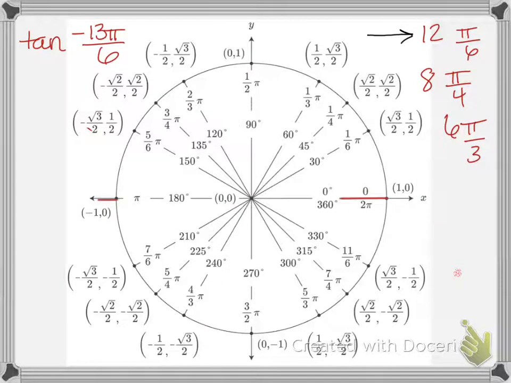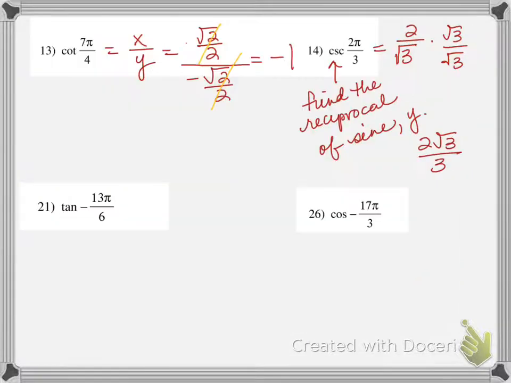So for 13 pi over 6, you went 12, but you had to go a little bit more to get to 13 pi over 6. So the coterminal of 13 pi over 6 is going to be pi over 6. But the catch is, they told us that it was going to be negative. Negative means you've got to go clockwise.